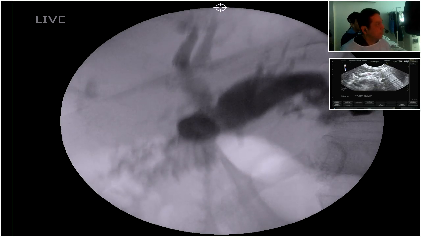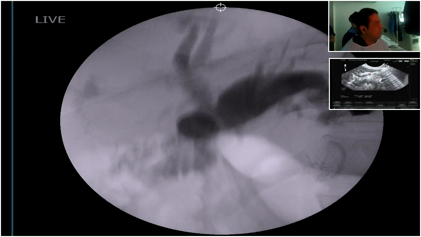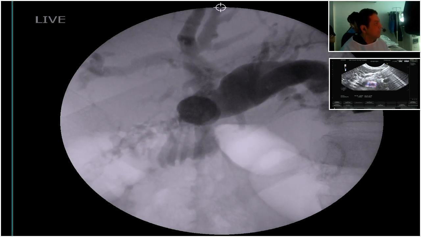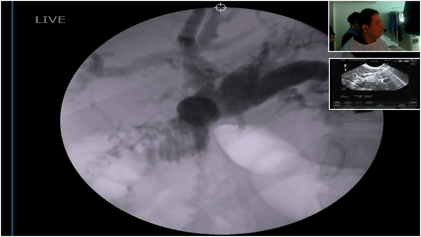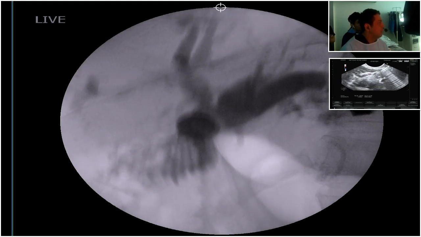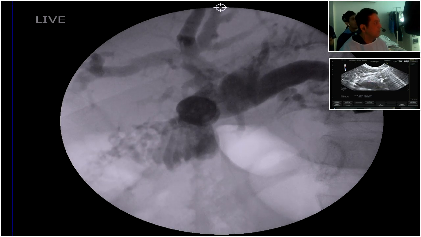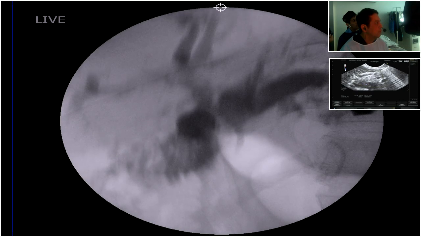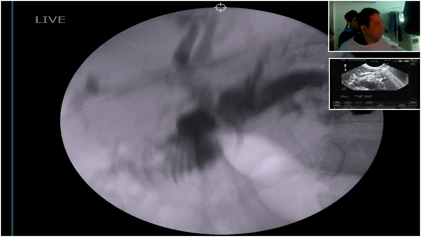Give me saline solution. The problem is not that stenosis. And what you see here in the middle, like a nodule, is just a biliary tract, and there is air inside. Saline solution, no? You see? Very well, there is a good pass. And more saline solution.